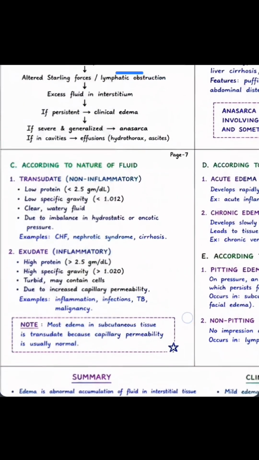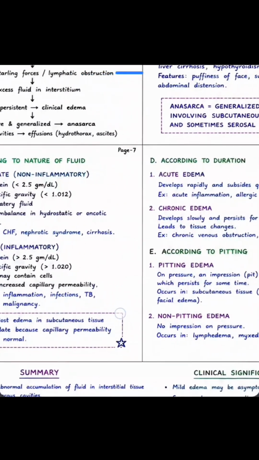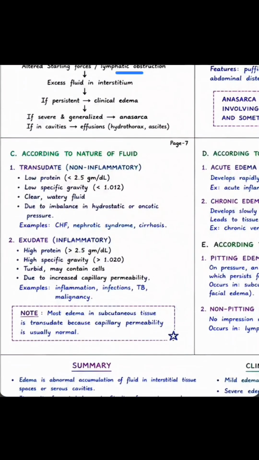Now, according to the nature of fluid, transudate and exudate both are the most important topic, and it comes in short answer questions, which carry 5 marks or 2 marks. So transudate is non-inflammatory, low protein, low specific gravity, clearly watery fluid due to imbalance in hydrostatic or oncotic pressure.